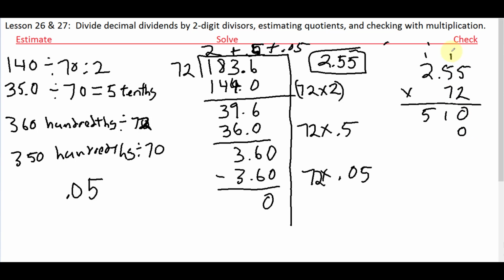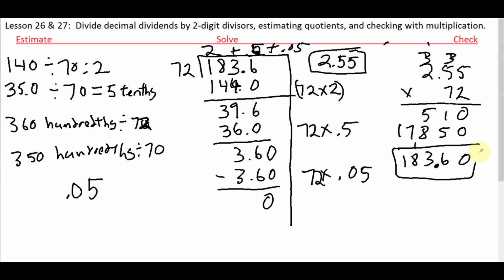Our placeholder, we have 35. 35 again plus 3, 38. 7 times 2, 14, plus 3, 17. And add them up, 6, 8, 1. And then we had to multiply by 100 here, so we're going to go ahead and divide by 100, and we see that we have a match.